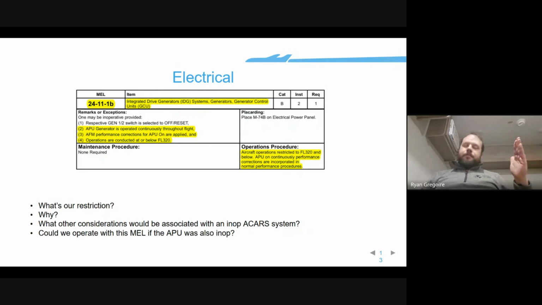Again, that's because both the IDG and the APU are electrical systems on the aircraft. We don't like it when multiple systems pertaining to the same functionality don't work. So if I don't have one of my primary generators, the IDGs, we also don't want our backup system, the APU, to not work.